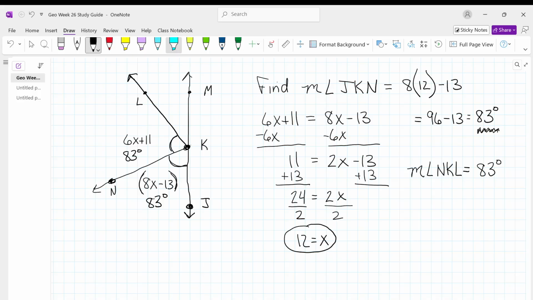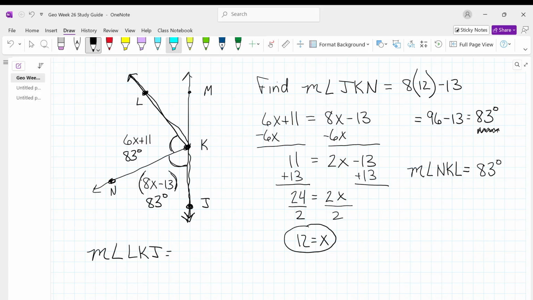All right, this would be a quiz question. What is the measure of angle LKJ? This big angle right here. L down to K, out to J. If one of them's 83 and the other one's 83, what's the measure of the whole angle? 166?